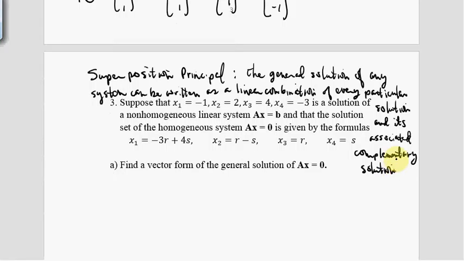So here, that means that X, this general solution, is equal to X sub C plus X sub P, the particular solution plus its complementary solution.